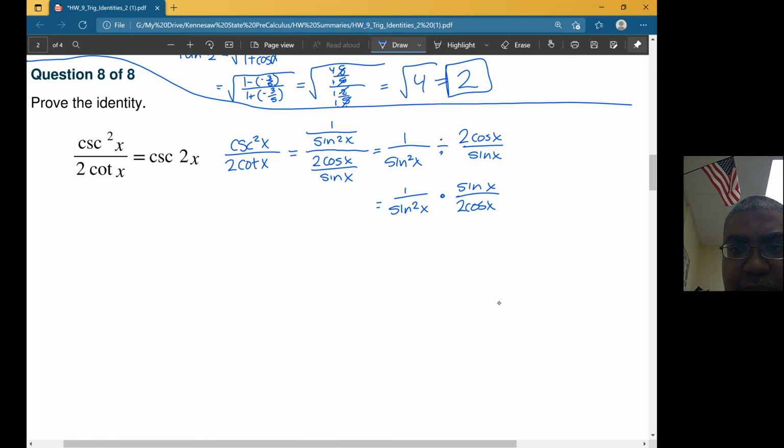All right, keep, change, flip. The sine squared and the sine cancel out. 1, and then that's just sine x. So this ends up being, if I multiply them together, 1 over 2 sine x cosine x, which is 1 over sine of 2x, which is cosecant of 2x.